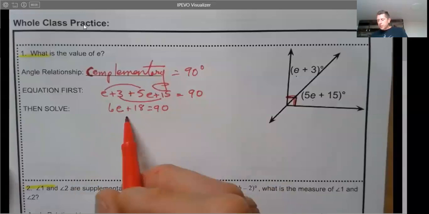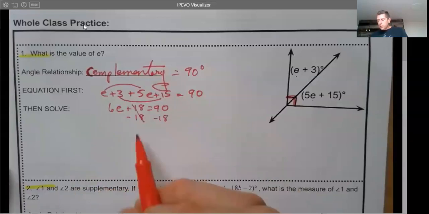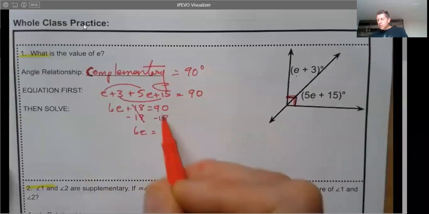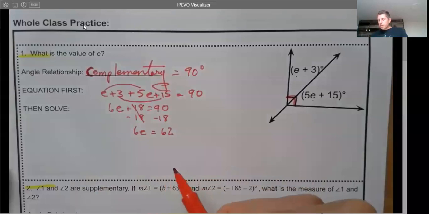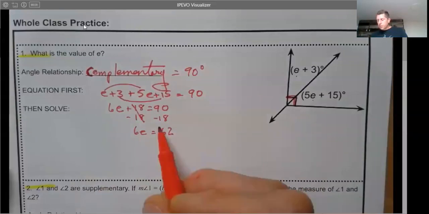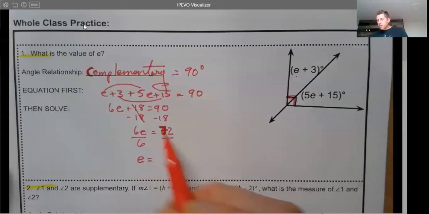I'm going to subtract 18 from both sides because these are my constants, my numbers. And then I'm left with 6E equals 90 minus 18, which is going to give me 62. Is that right? No, 72, pardon me, 72. Didn't look right. Now I divide by 6. E is going to equal 72 divided by 6, which is going to be 12.